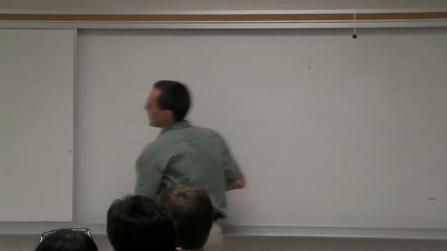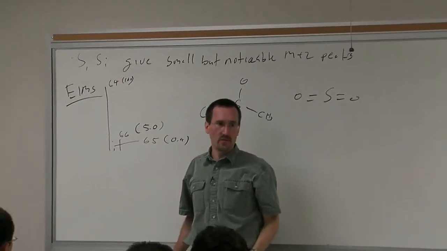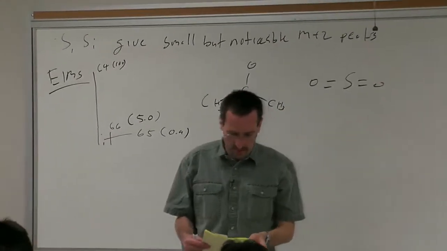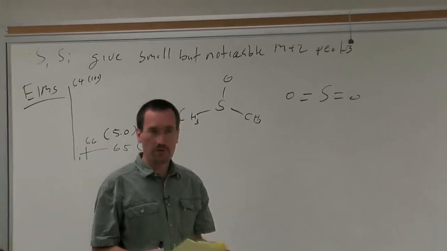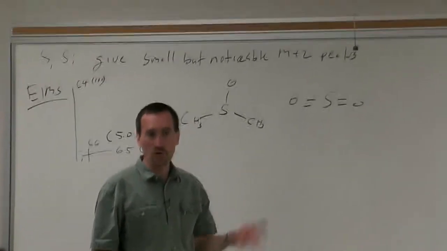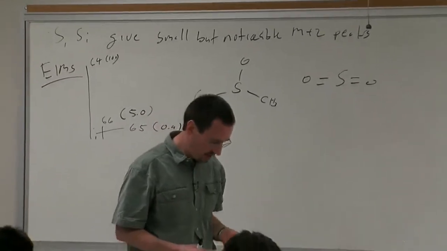The M+1 would be from the little bit of sulfur 33 and the teeny tiny bit of O17. So I just erased the numbers, but it's 0.8% sulfur 33 and 0.04%, a minuscule amount of O17.